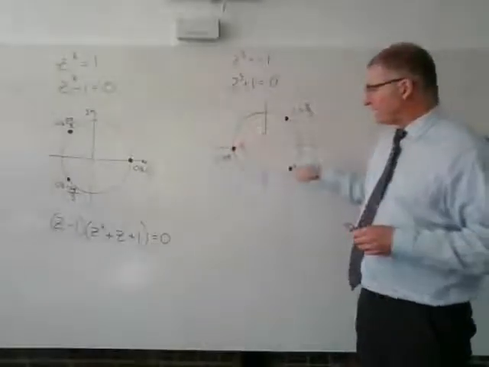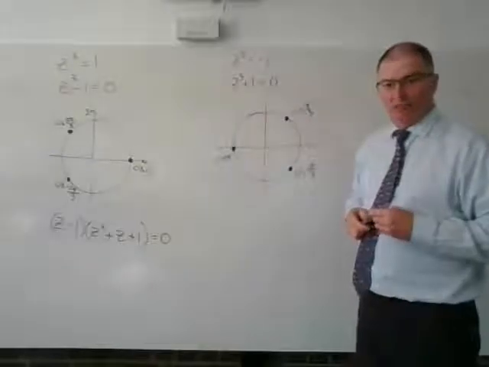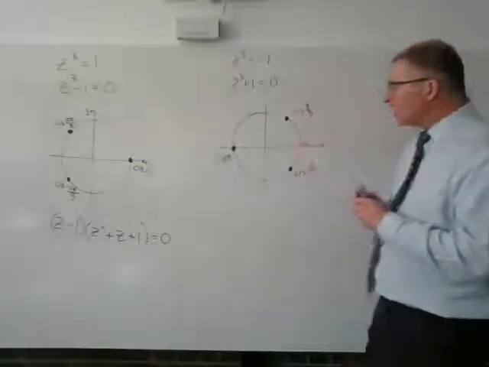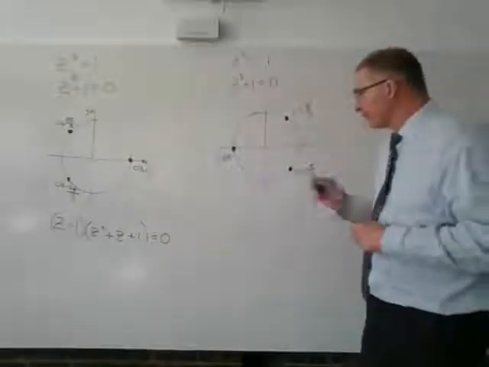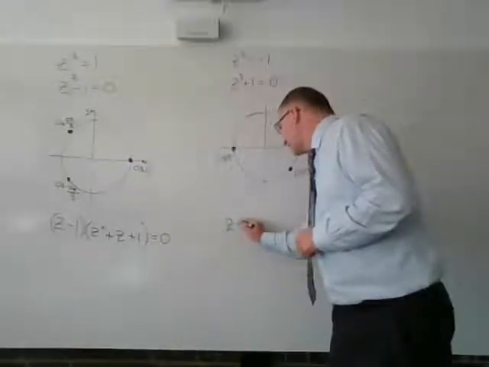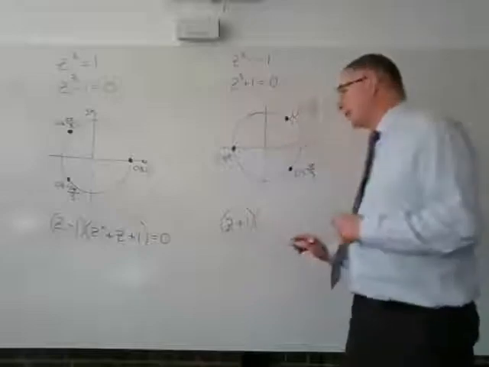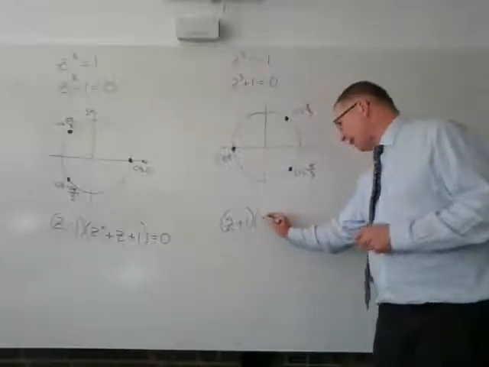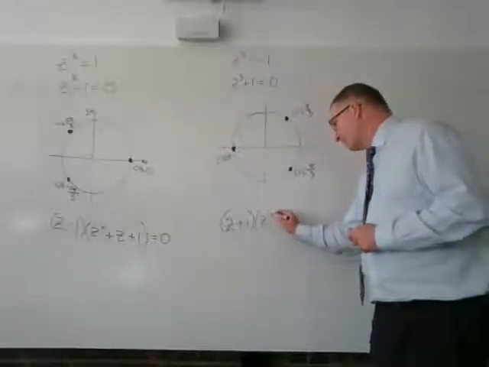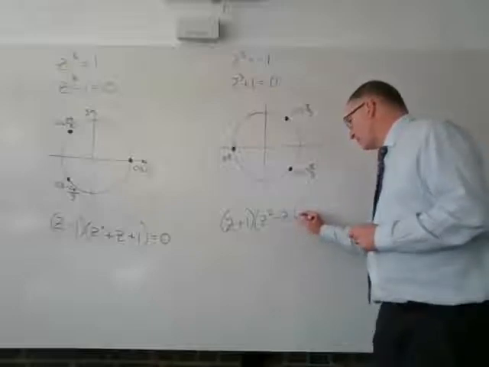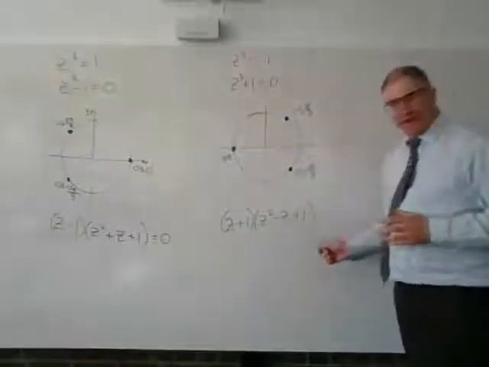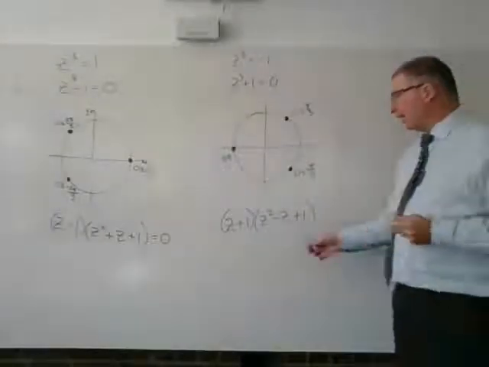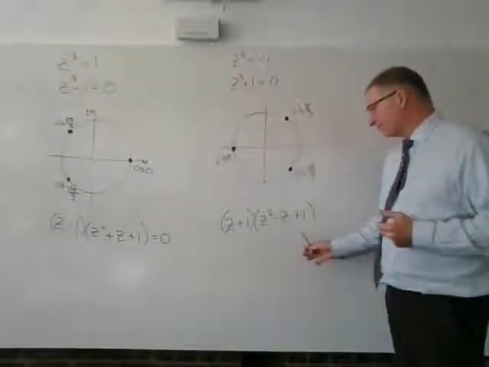To point out the symmetry, this is an equilateral triangle. And to point out that if I was to factorize that, I would get z plus 1, and over here I would get z squared minus z plus 1. So that's going to expand out to give me the z cubed plus 1.